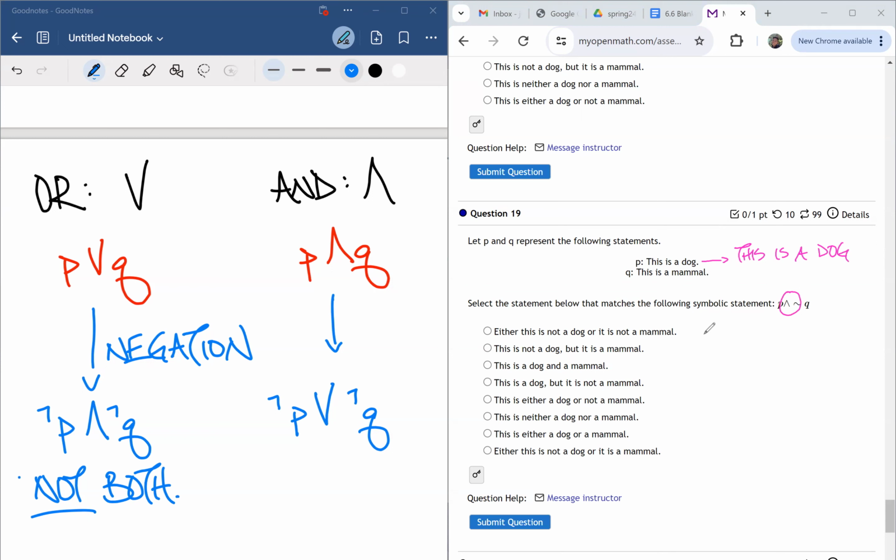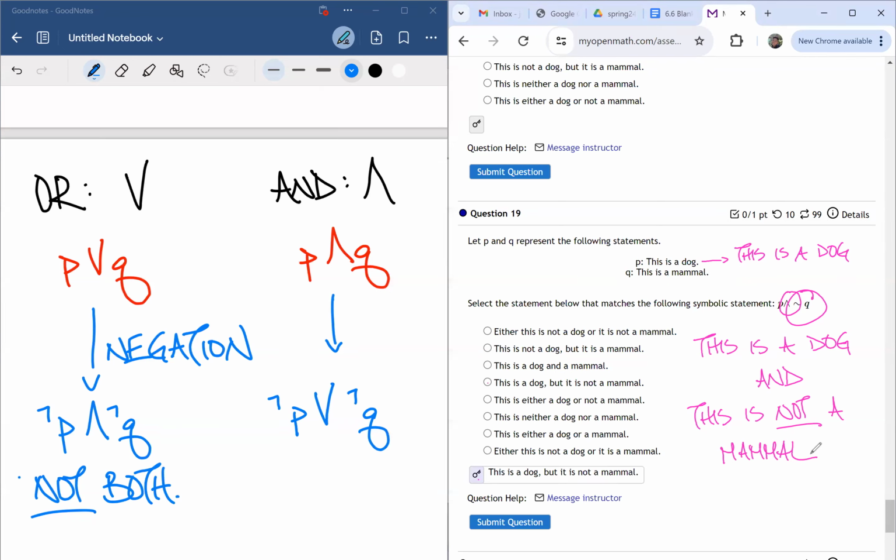The upside down A symbol says and. The squiggly with the Q means this is not a mammal. So this is a dog, but it is not a mammal.